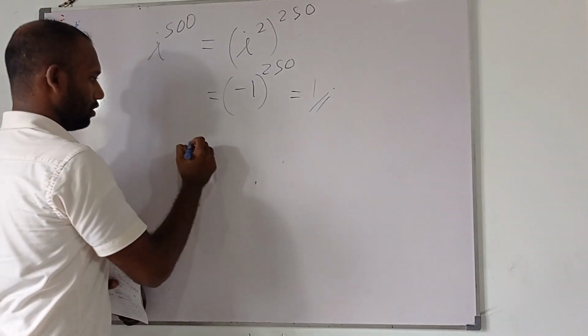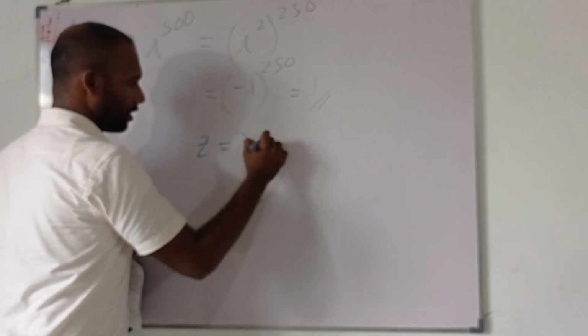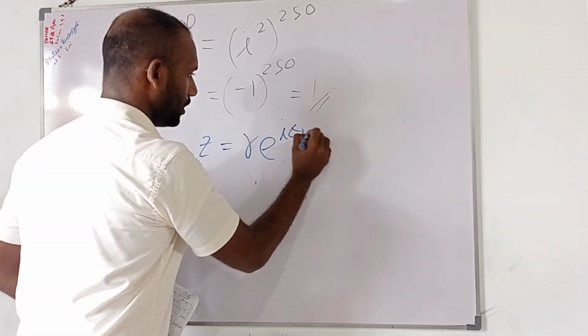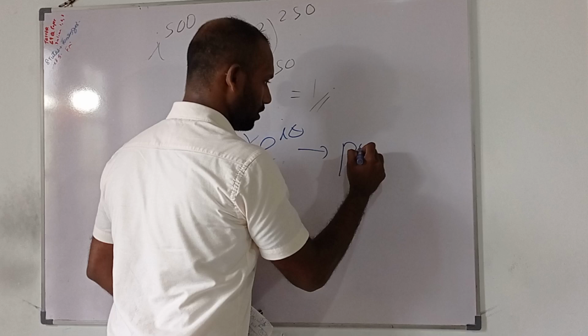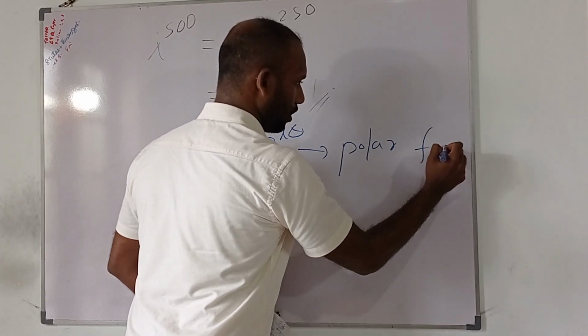So Z equals R e to the power i theta. This is the polar form.